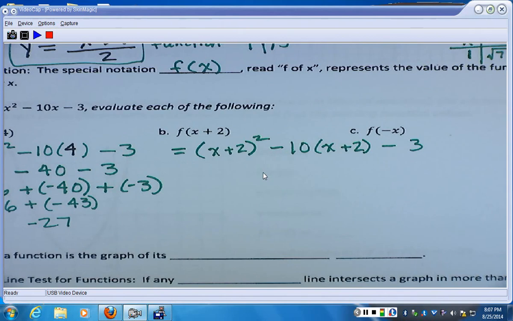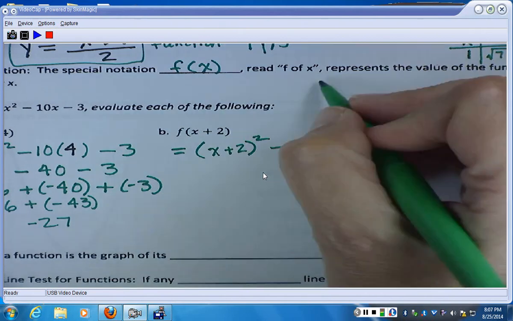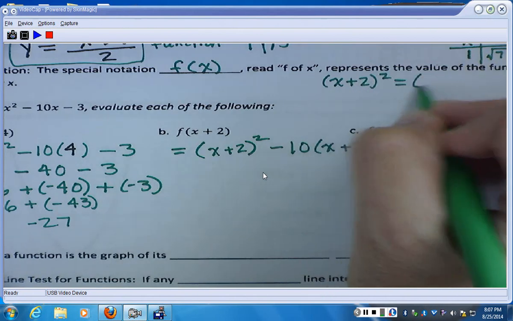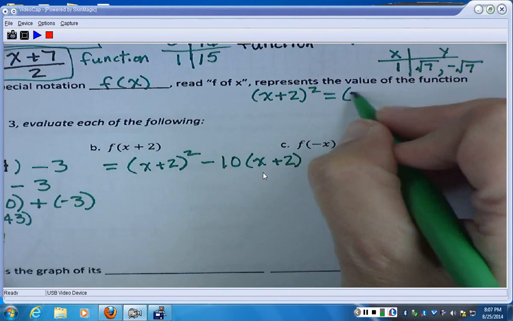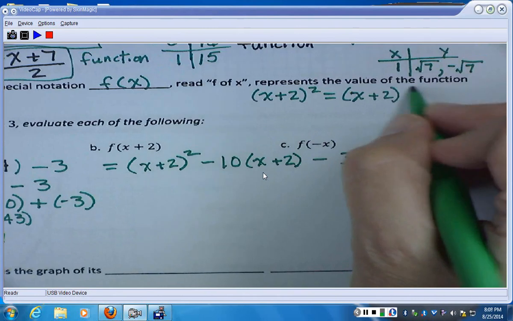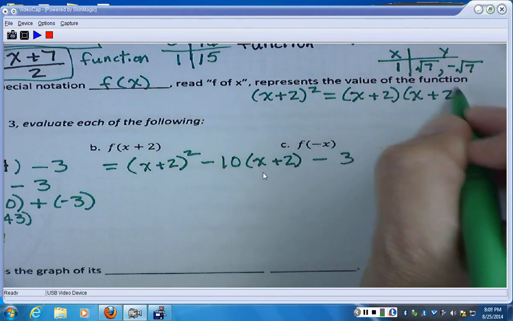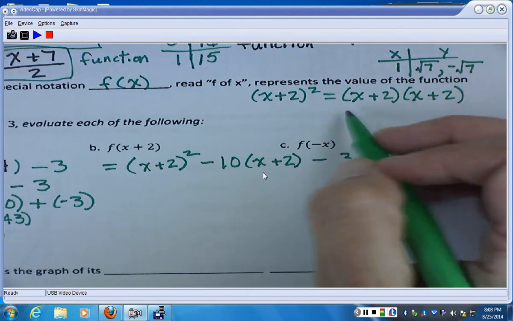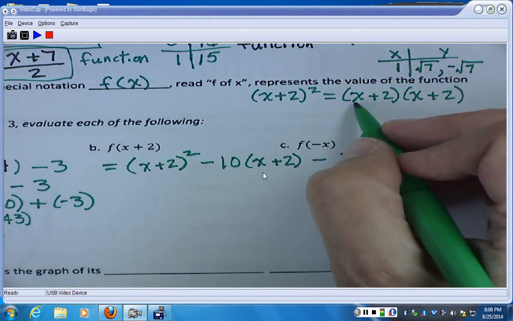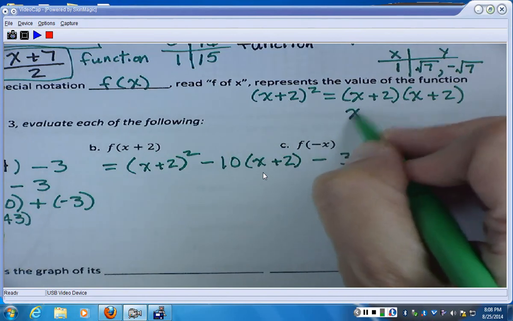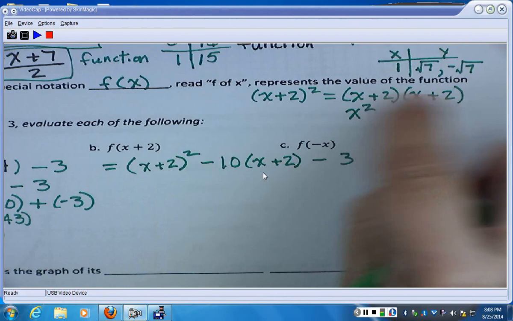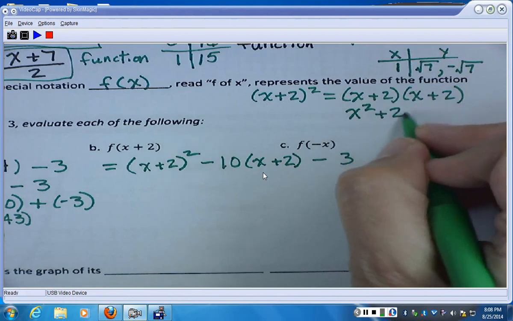Okay, so now you have to remember how to square a binomial. Equals x plus 2 times x plus 2. So you can do FOIL, you can do distributing. FOIL: first is x times x, it's x squared. Outer is 2 times x, and that's positive.